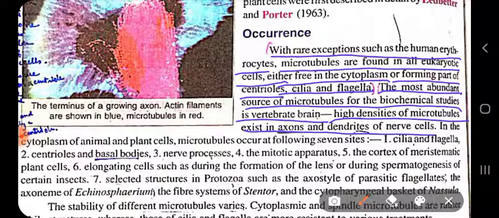So dendrites are found within the nerve cells, and remember, that is where the impulses are received. So they are also made up of microtubules. Even the axons of the nerve cells are also made up of microtubules. And most of the microtubules are found within that part. Okay.